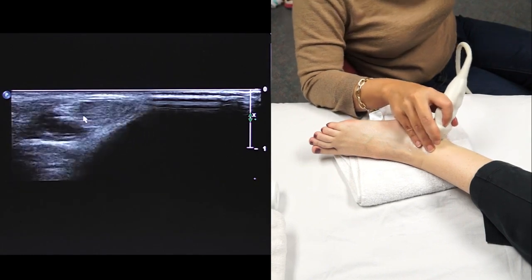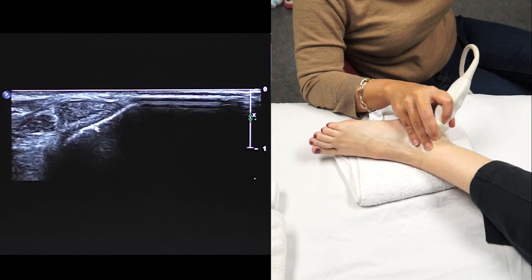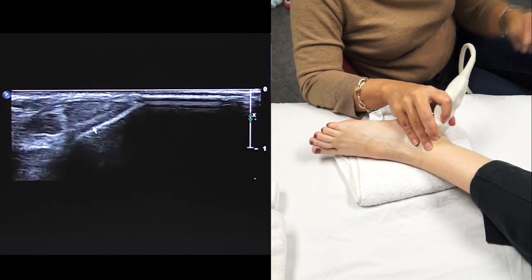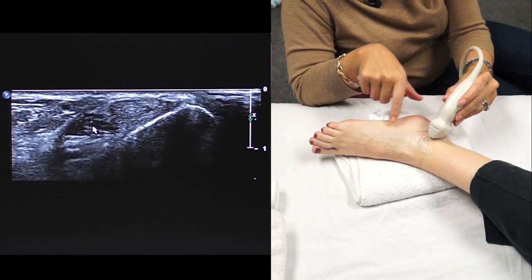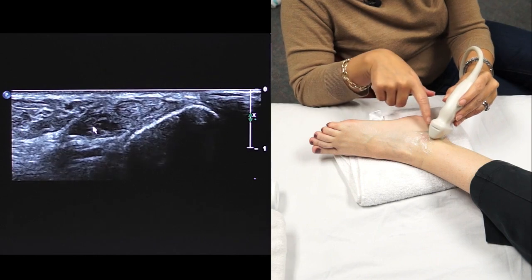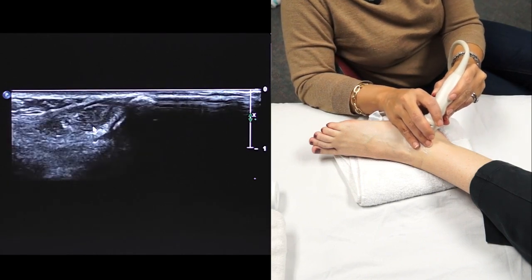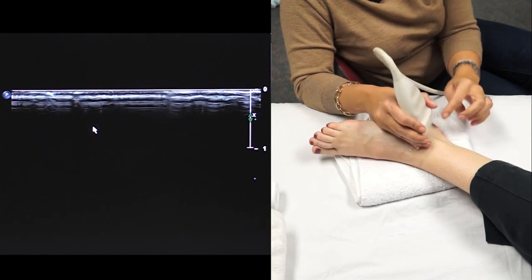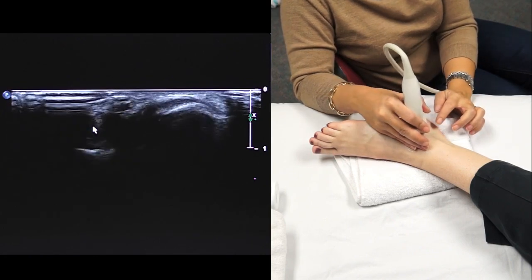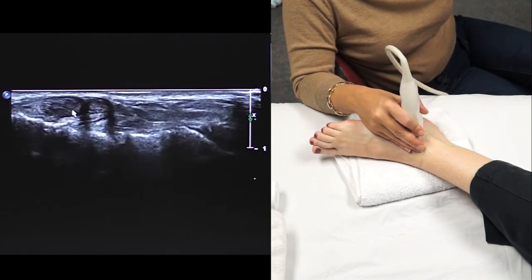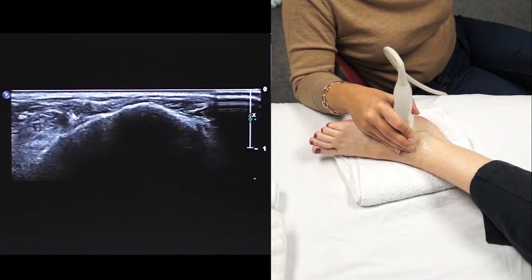Now, the peroneal tendons sit against the lateral malleolus, and then they hook down and change their axis as you go distal to the malleolus. So once you go distal to the malleolus, you want to stay transverse to the tendons. Here they are in view, and follow them towards their insertion.